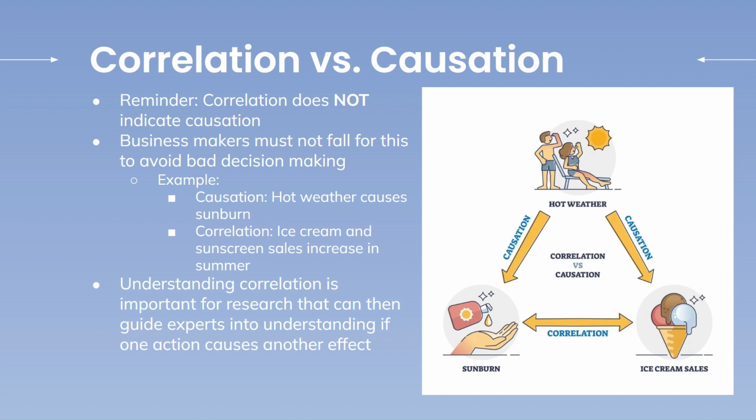And understanding the correlation is important for research because it allows experts to then be guided in determining which actions cause another effect. So understanding how variables correlate will give them pieces of a puzzle to then dive in and dig deeper in understanding the direct events that cause the actions.